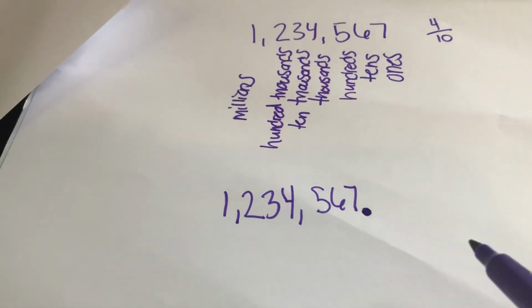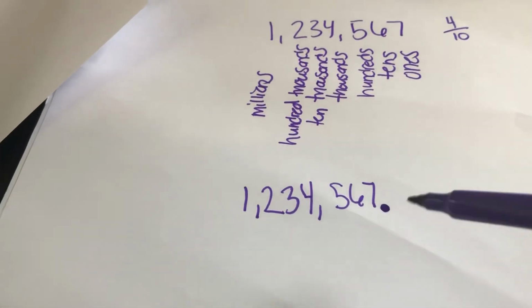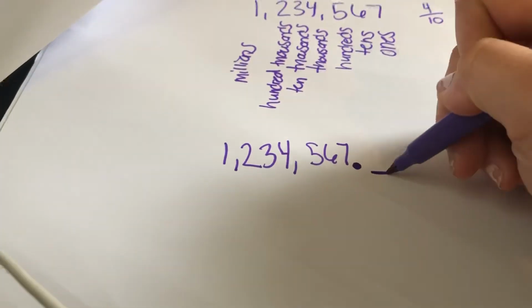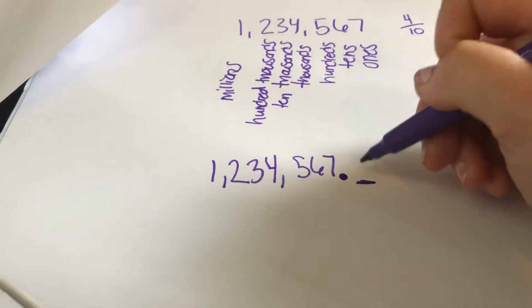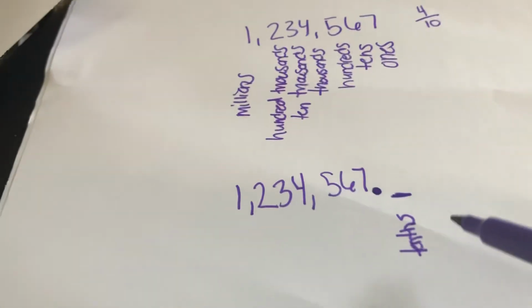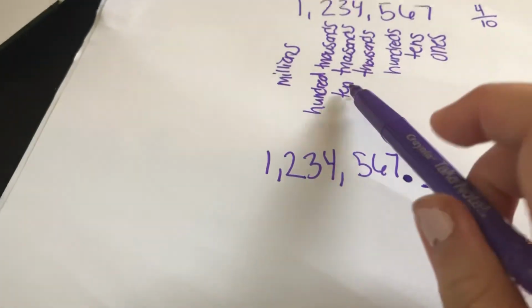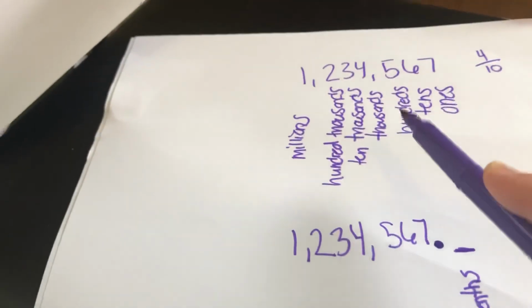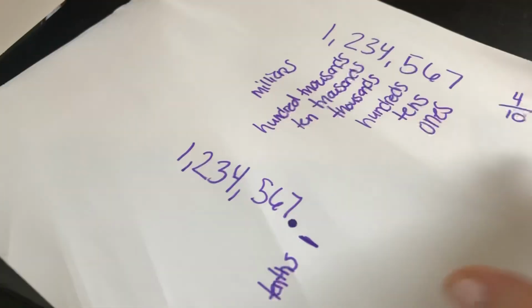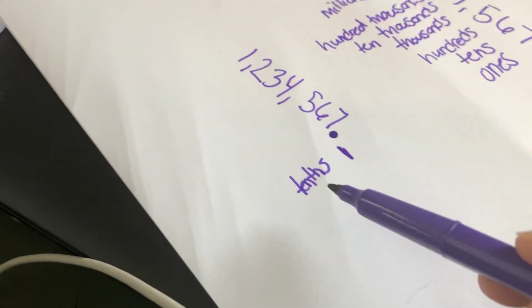So this spot that comes after the decimal point, whatever number we put here, we call that the tenths place. Okay? Now, you might think to yourself, no, wait a minute, we already had a tens place. No, I didn't say tens, I said tenths.